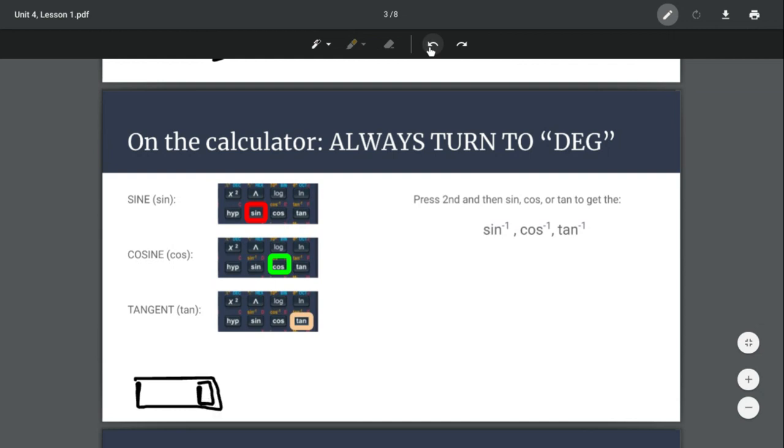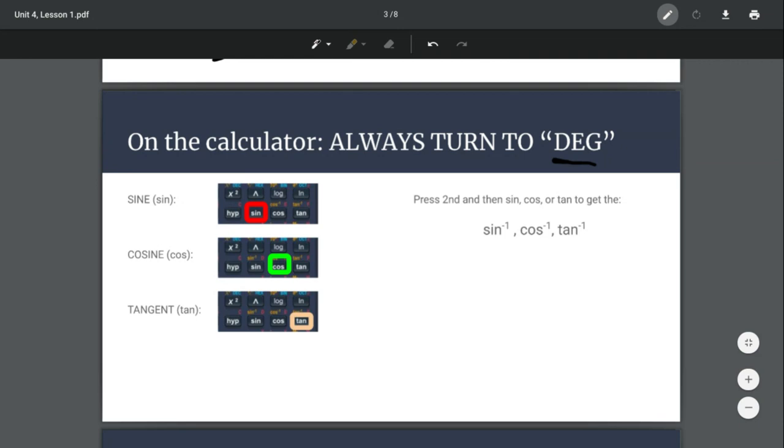grad, deg, or rad. When it's on rad, that's what you want for algebra. But if you're doing these trig functions, you want to do deg. If you don't have it on that, then these things will mess up, so you have to make sure it's on that.